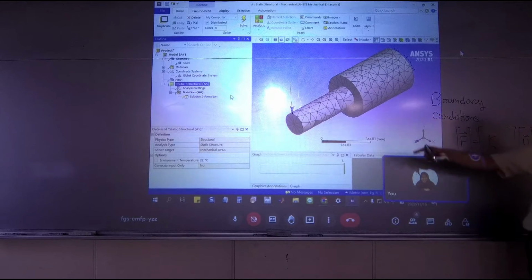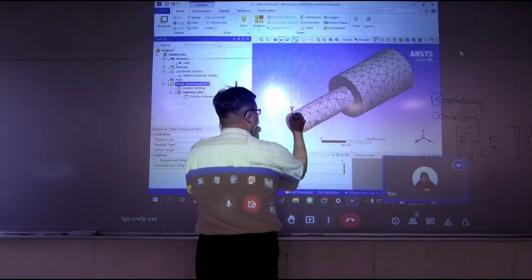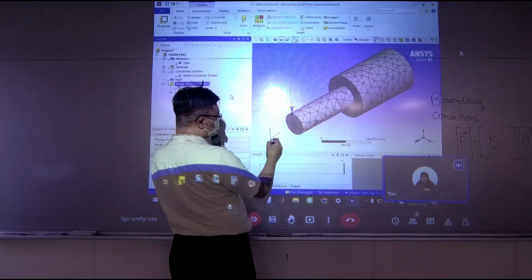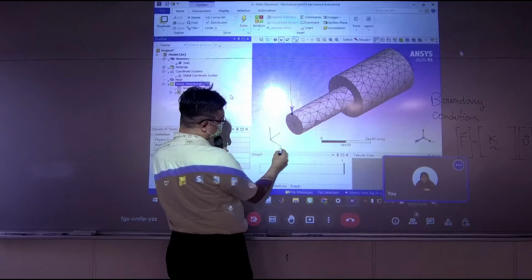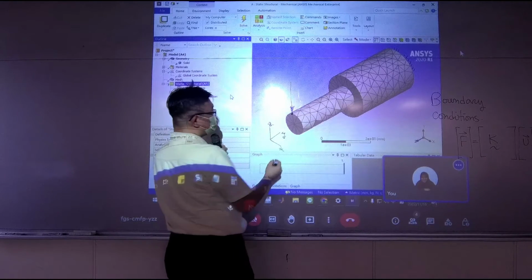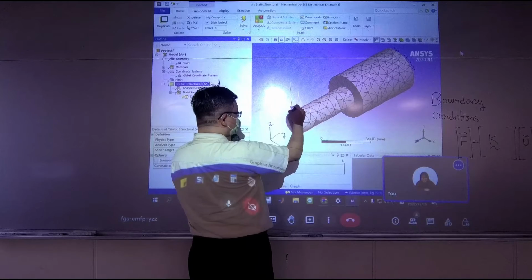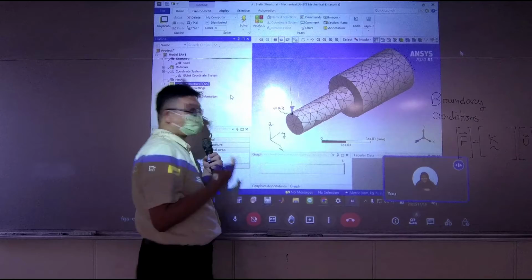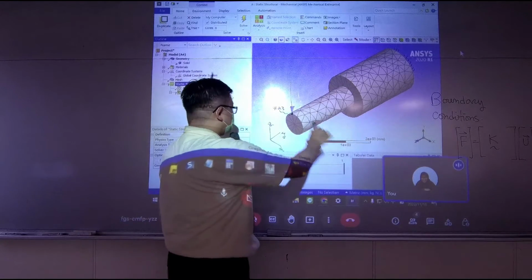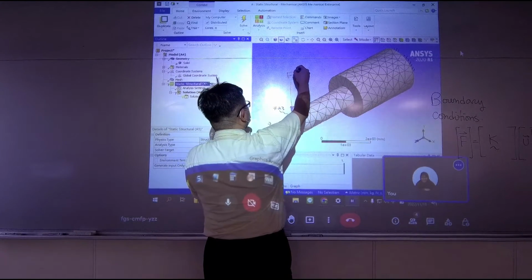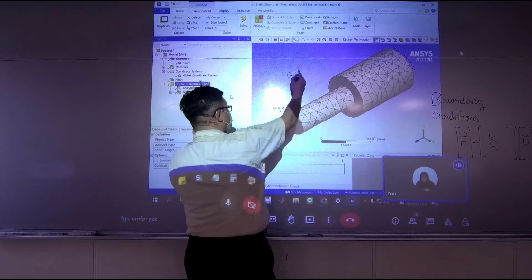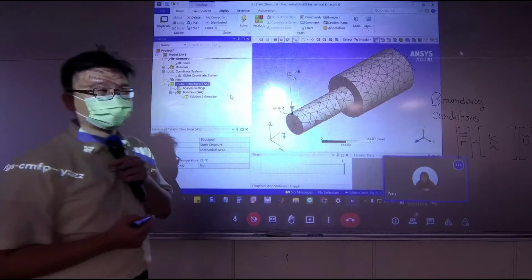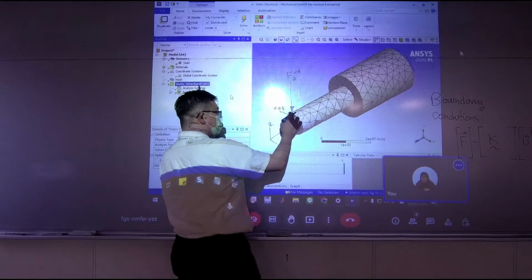So if you do this, that means there is one node right here, right? So if our coordinate system is like this, if this is x, y, and z, then we have a force. For example, if this is node number 23, just for example, then for computers, it knows for node 23 along z direction, there is a negative force. And there's no other force on this node.